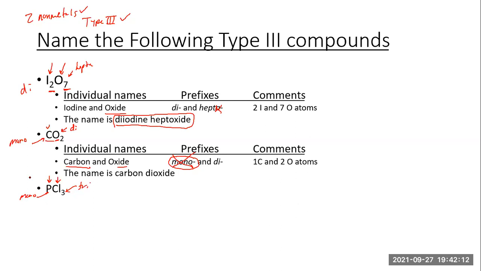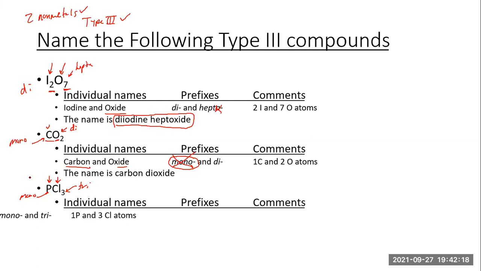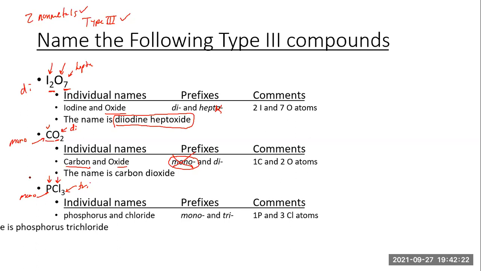Again, we would use the whole name of phosphorus, and chlorine would become chloride. And much like above, we will not use mono on the first name. So this would be phosphorus trichloride. Again, nothing to balance or anything like that. Just simply telling everybody how many of each of those guys we have. Any questions on those?